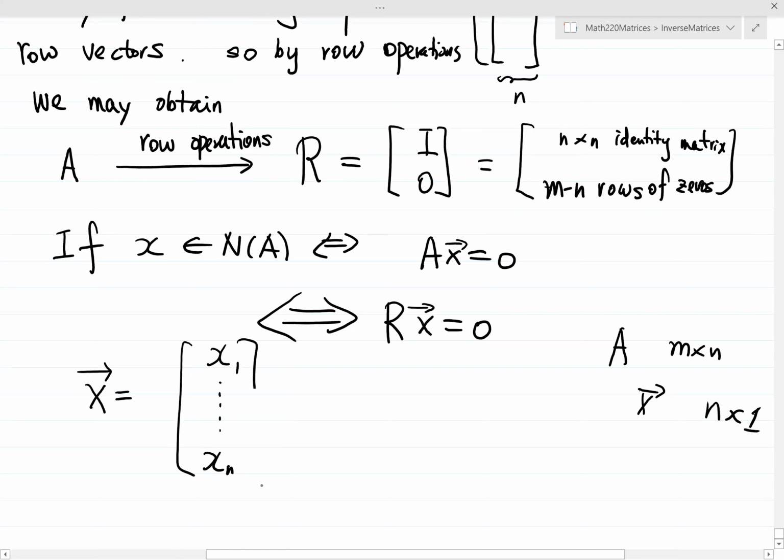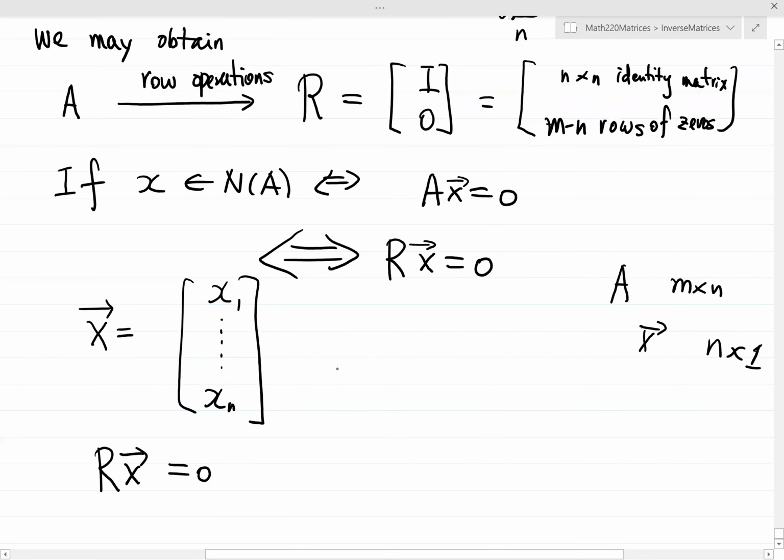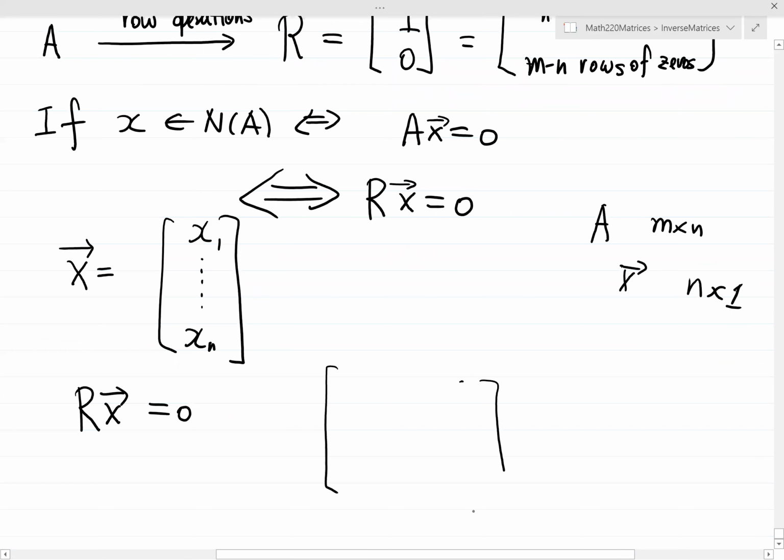Now Rx being 0, we use the n by n identity matrix, and the remaining entries are all 0.